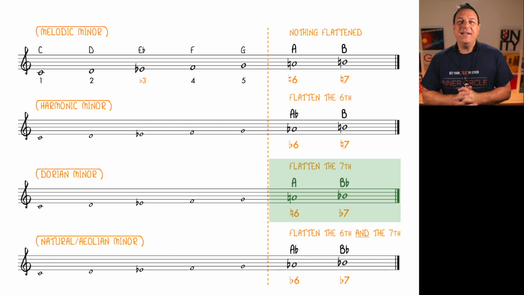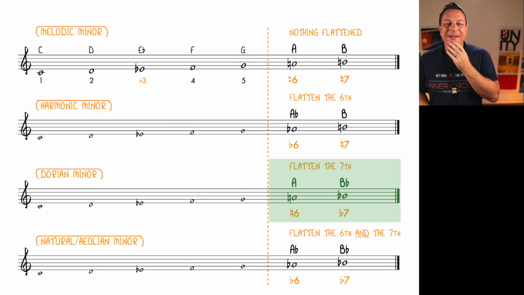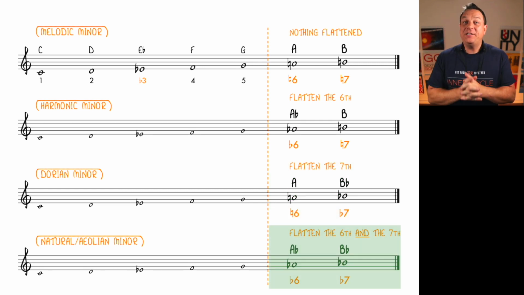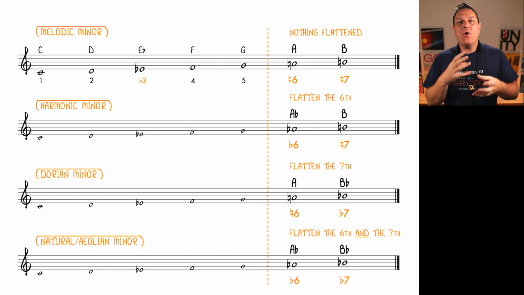Dorian minor has natural 6, flattened 7th, almost bit my tongue off there. Natural 6, flattened 7. And finally, the natural minor has flat 6 and flat 7. So between those 4 scales, we've got all the variations of natural and flattened 6th and natural and flattened 7th.